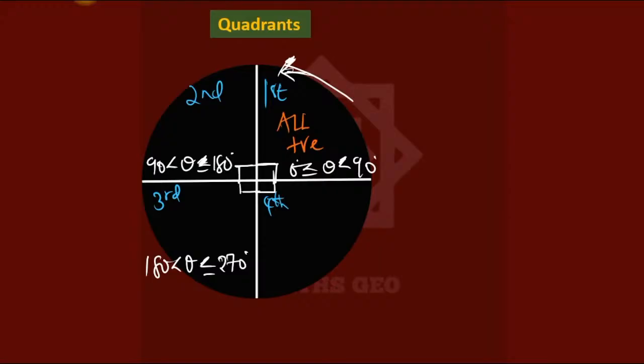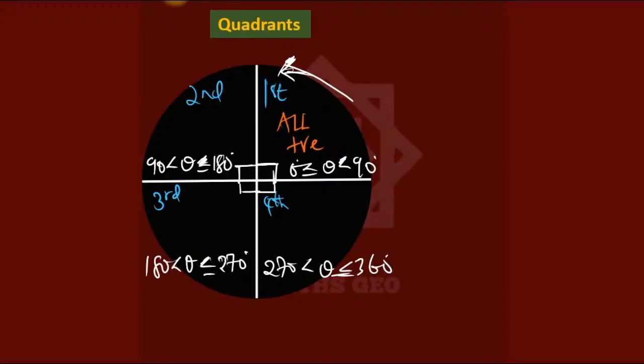So anything greater than 180 and less than or equal to 270. While the fourth quadrant is above 270, less than or equal to 360. So these are the ranges of angles in each of the quadrants.